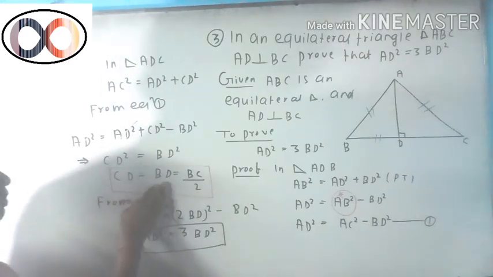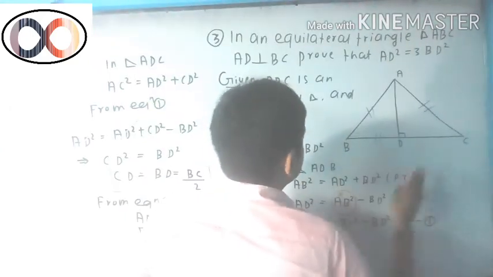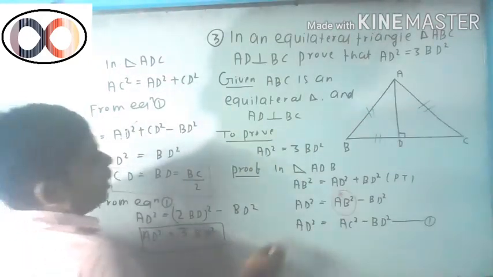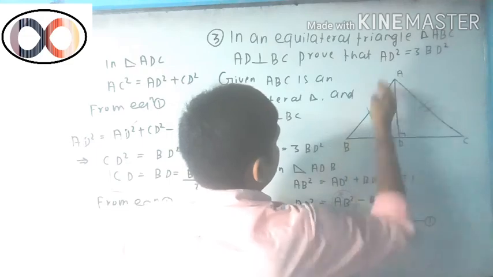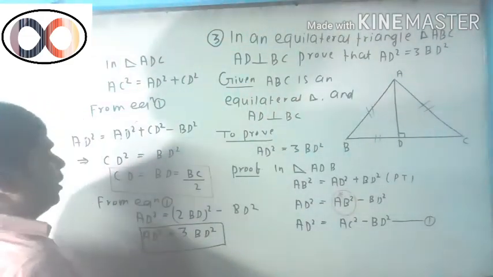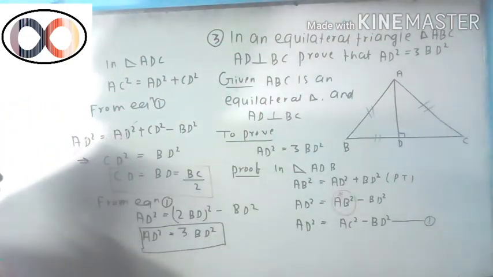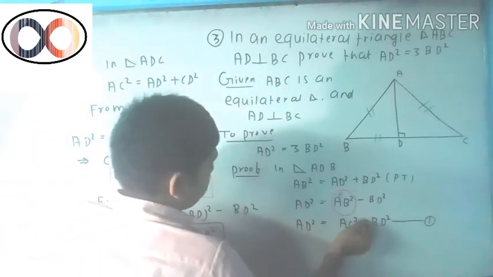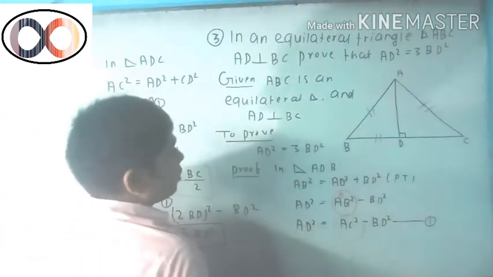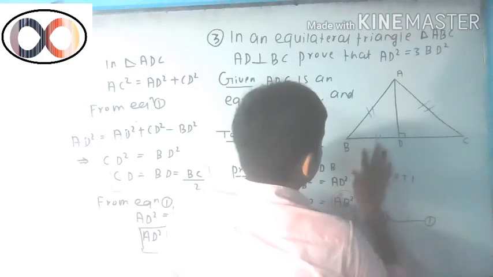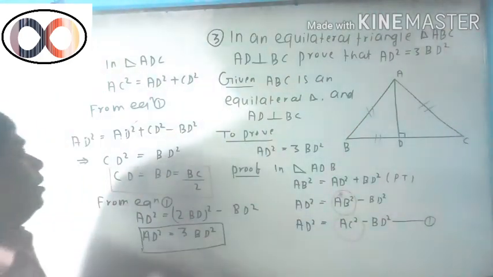So CD equals to BD, which is equal to BC by 2, and BC equals to AB and AC, because this is an equilateral triangle. And we put the value of AC as twice the BD, so that it becomes this.